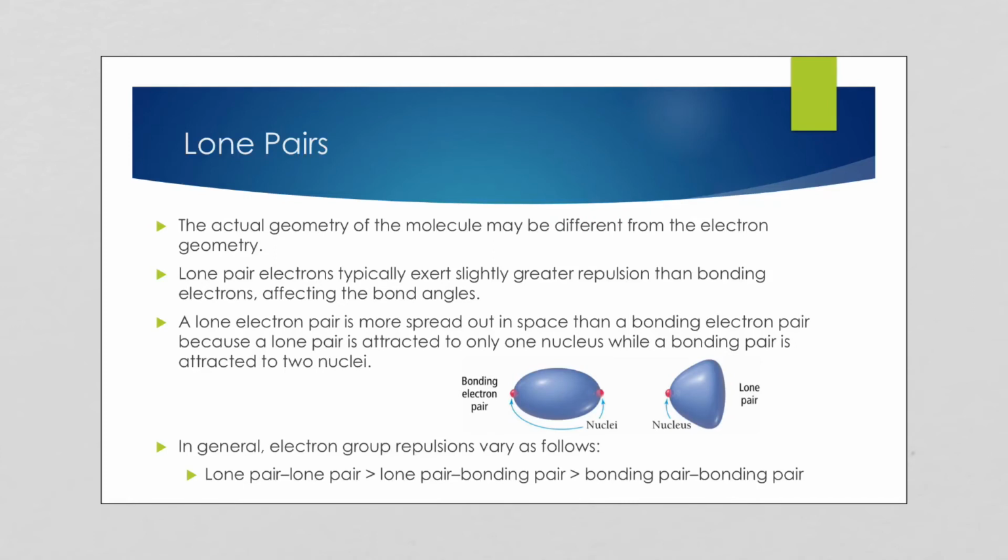lone pairs. Now, the reason for that is lone pairs, because they are not tied to another atom at the other end of the bond, occupy a larger area of space. So if we think about a bonding pair as kind of occupying a tube, right? Where you have the two bonding atoms at each end, and the electrons are sort of isolated within this sort of tube between the two atoms.